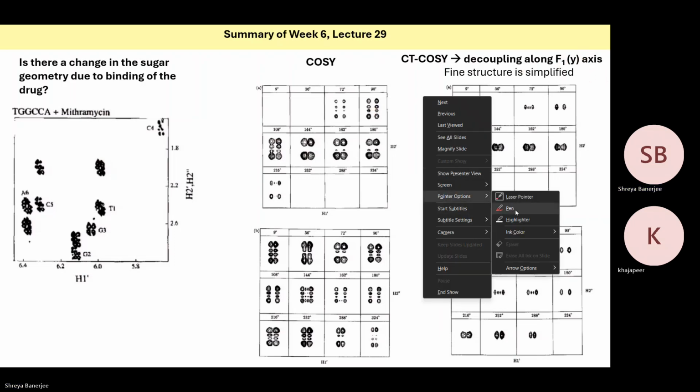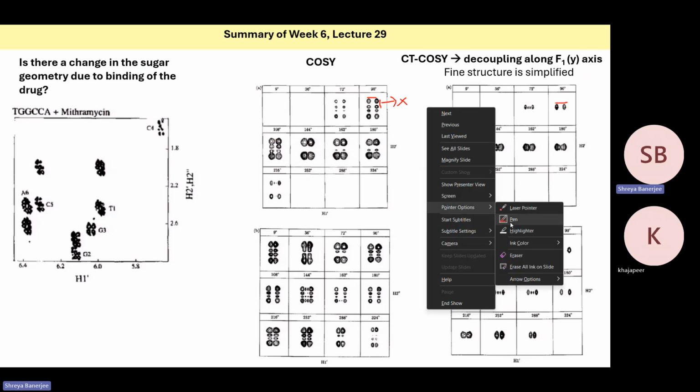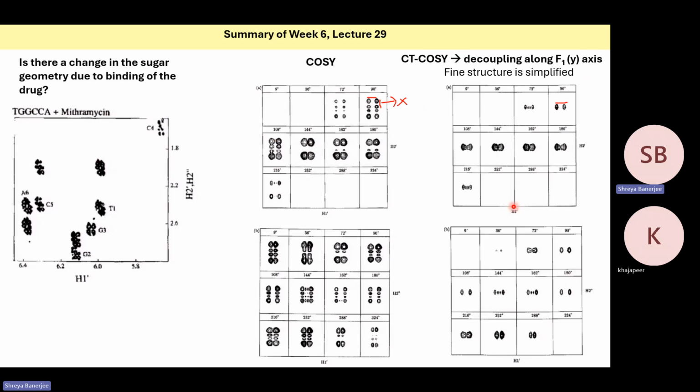So you can see that in COSY, you have splitting both along x-axis and along y-axis. In CT COSY, what happens? This splitting is removed. So you have splitting only along x-axis. So this helps to simplify the structure.